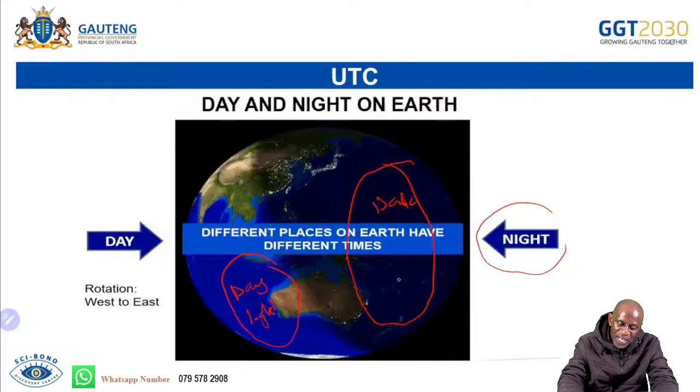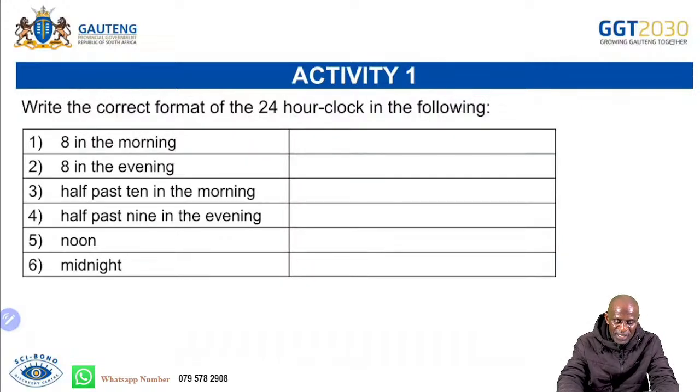We'll get you to understand how it works. So here is an activity for you, grade 12 learners. It says, write the correct format of the time, 24-hour clock, in the following.